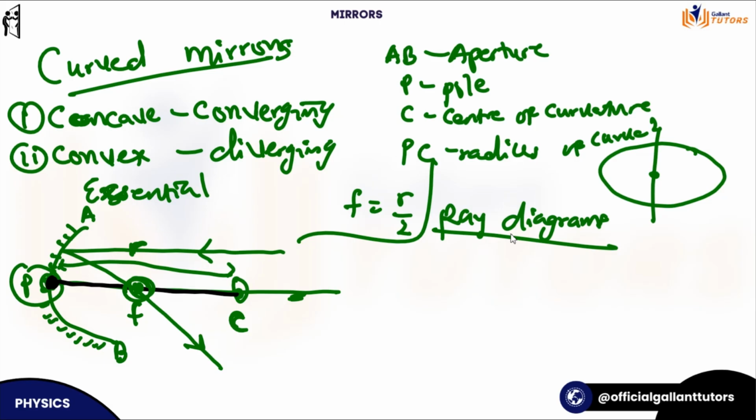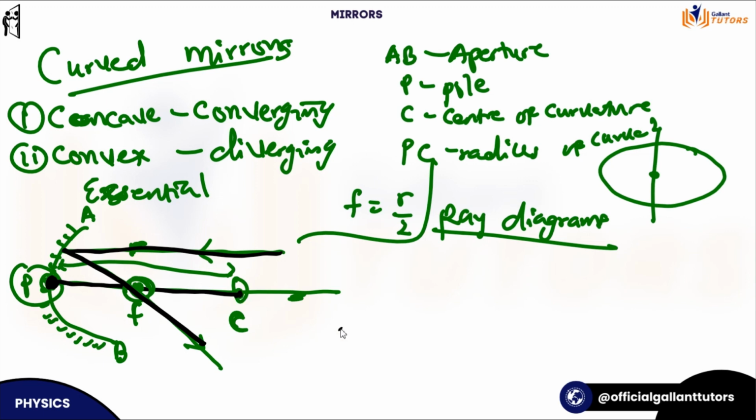One is that the rays parallel to the principal axis are reflected through the principal focus. This is what I explained here. Is that very clear? And vice versa. Secondly, rays passing through the center of curvature.